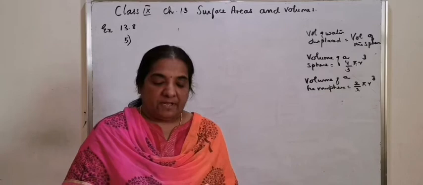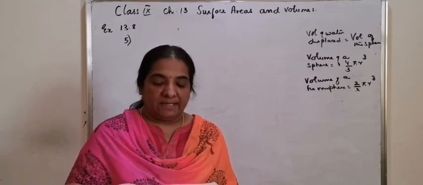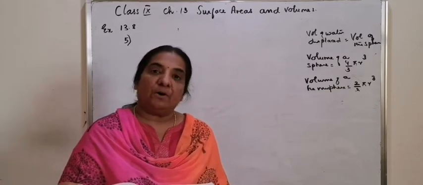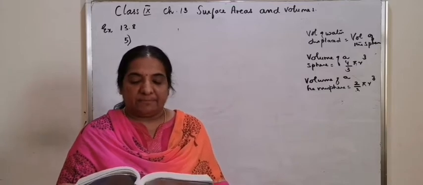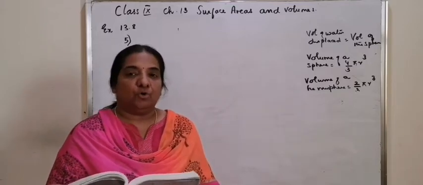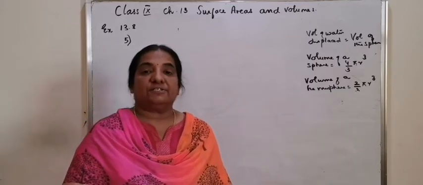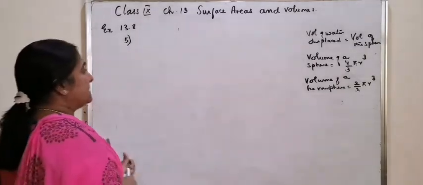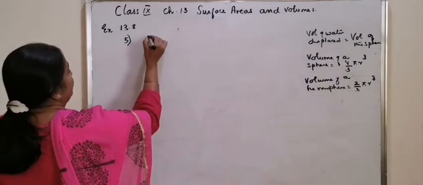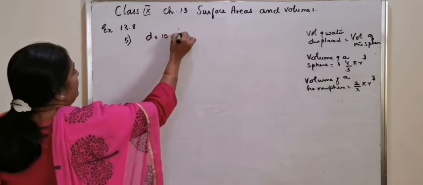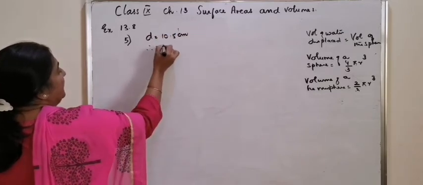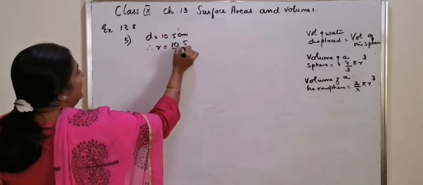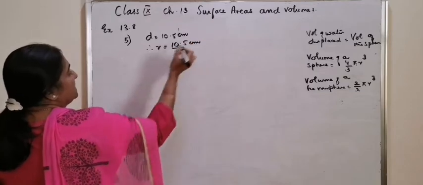Question number 5. How many liters of milk can a hemispherical bowl of diameter 10.5 centimeter hold? How many liters of milk? So the diameter is given as 10.5 centimeter. Immediately radius is 10.5 by 2 centimeter.